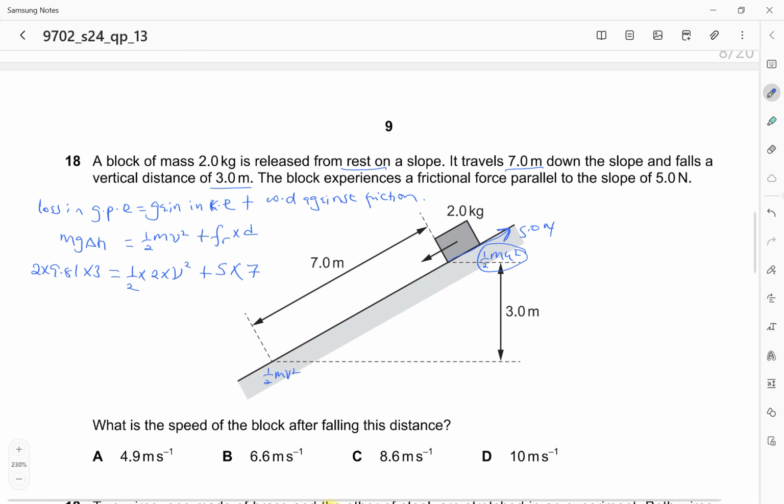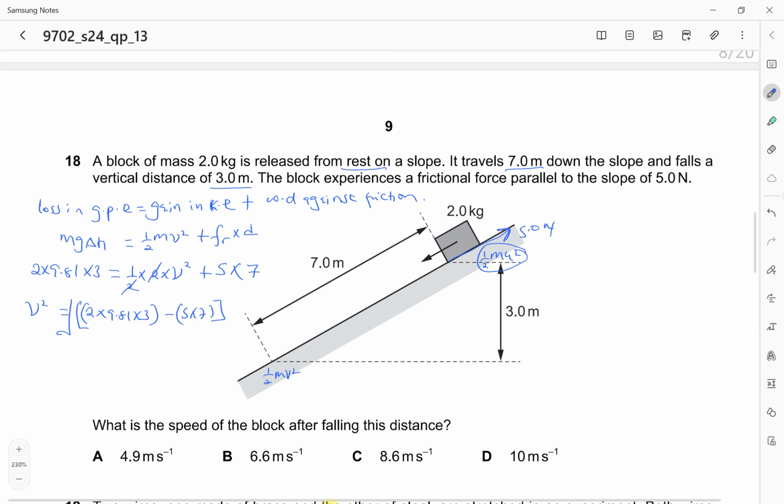So if I make v the subject, v squared equals 2 times 9.81 times 3 minus 5 times 7. The 2 cancels here.